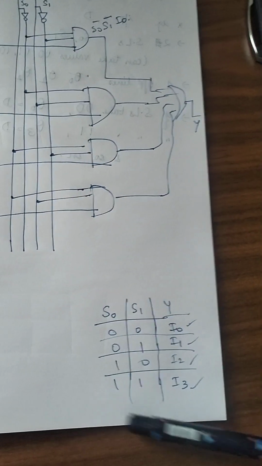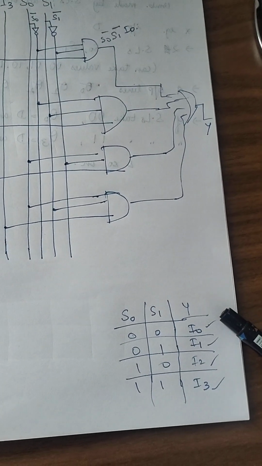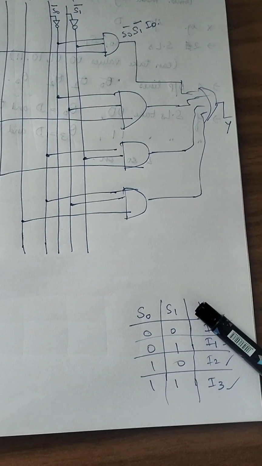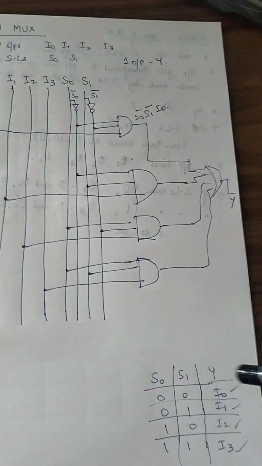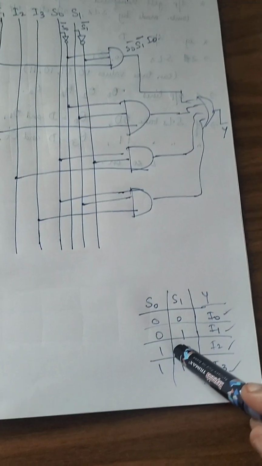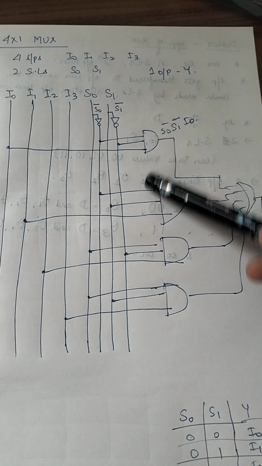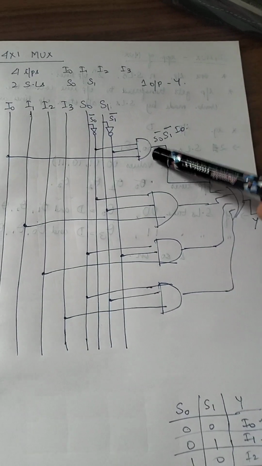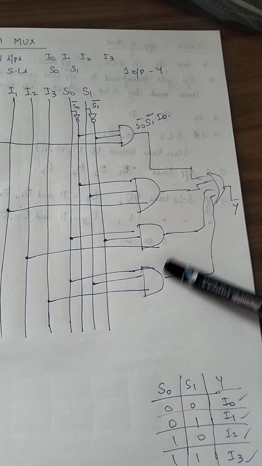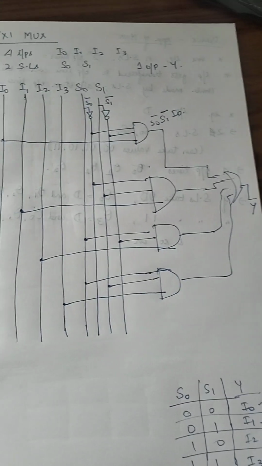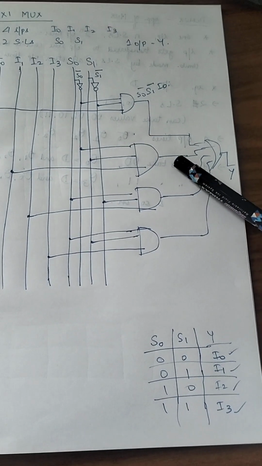We listed the truth table to identify which of the inputs should be the output for every combination of selection lines. Then we set up 4 AND gates such that for every combination of selection lines, that respective input will be given as output by one of these gates, and the other 3 gates will give me zeros. Now if I connect all of these using an OR gate, it means for every combination, one of these is going to give me a specific input.